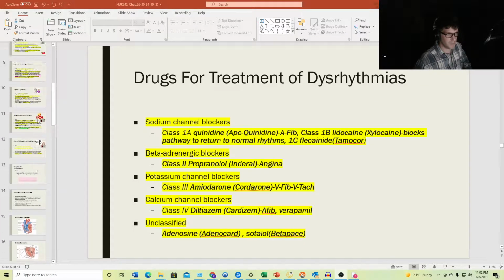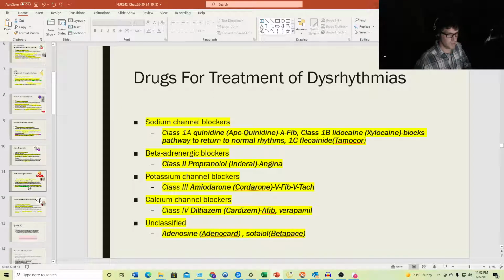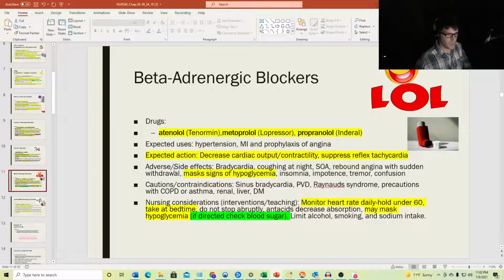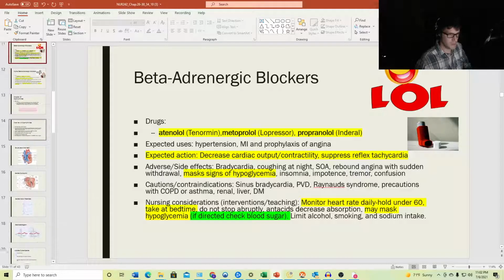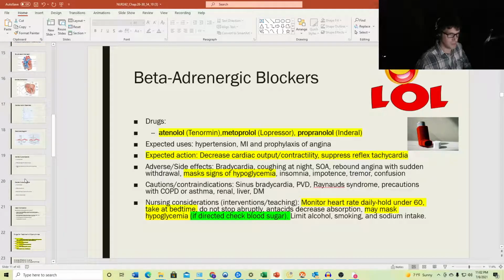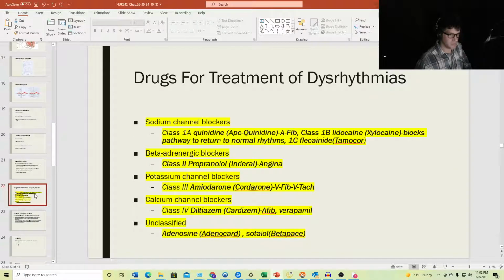If we go back up here, they decrease cardiac output and contractility and suppress reflex tachycardia. So basically it's going to cause the heart muscles to not squeeze as hard.